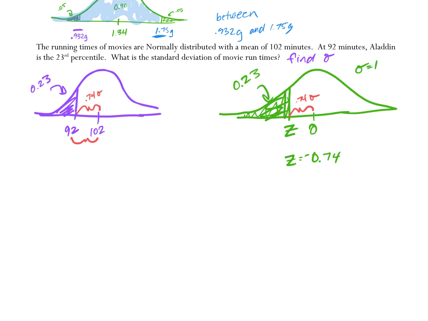Okay, so I have 10 is equal to 0.74 times the standard deviation. If I do 10 divided by 0.74, I got 13.5.